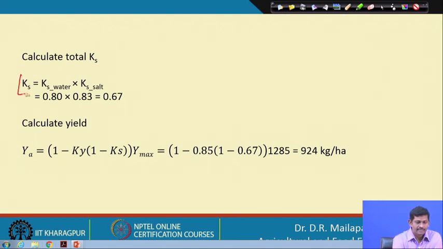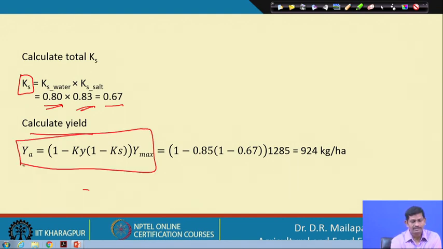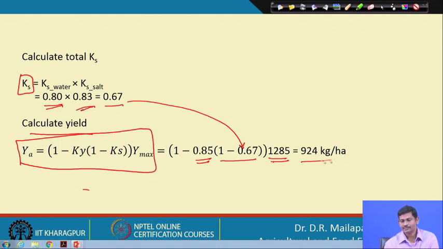So, this is Ks, the combined salt and water stress, which is equal to the water stress coefficient times the salt stress coefficient, that is 0.67. You can calculate the yield by knowing the equation: Ya, the actual yield, is 1 minus 0.85, the Ky value from the table for this particular crop, times 1 minus this, and then the maximum yield, and you get 924 kg per hectare.